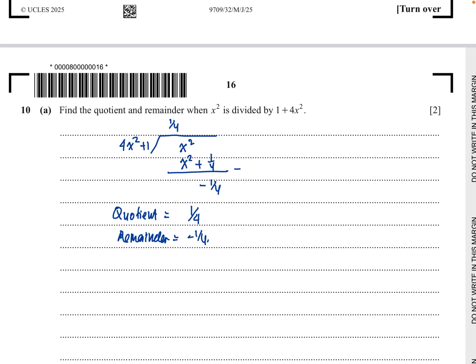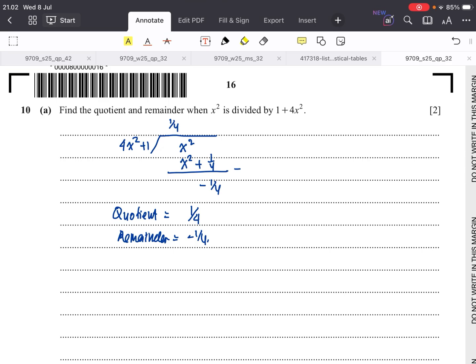Question 10a. Find the quotient and remainder when x squared is divided by 1 plus 4x squared. So we'll do long division. We divide x squared by 4x squared plus 1.